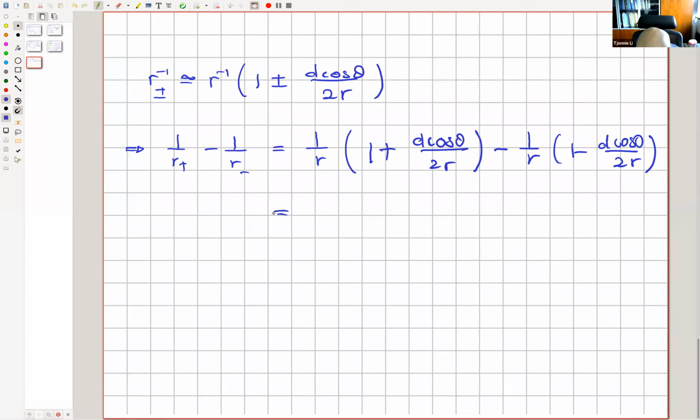The only thing that is left is, well, what? Anyone? d cosine theta over r squared. Okay, let me at least put a wiggle here, just so that people realize that this is approximately equal to.